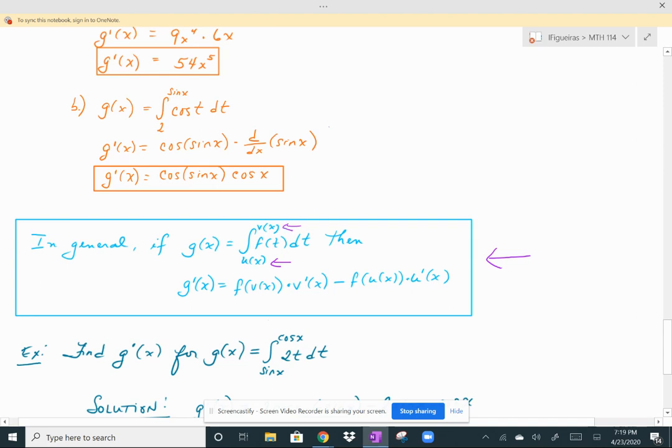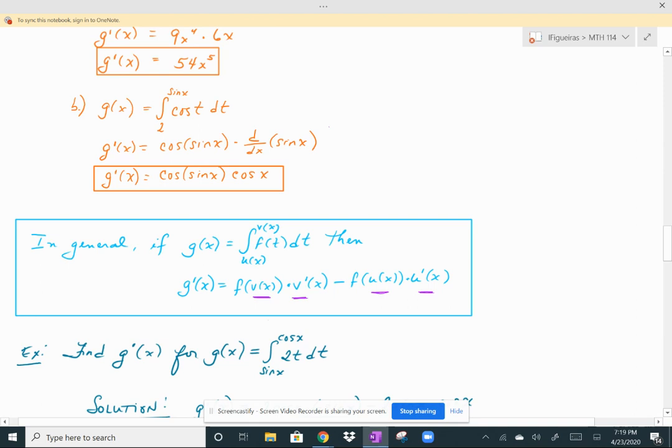So suppose they're both functions, not constants at all, and not just a single variable like x. Then when you take the derivative of g, that's going to be f evaluated at v of x times v prime minus f evaluated at u of x multiplied by u prime.